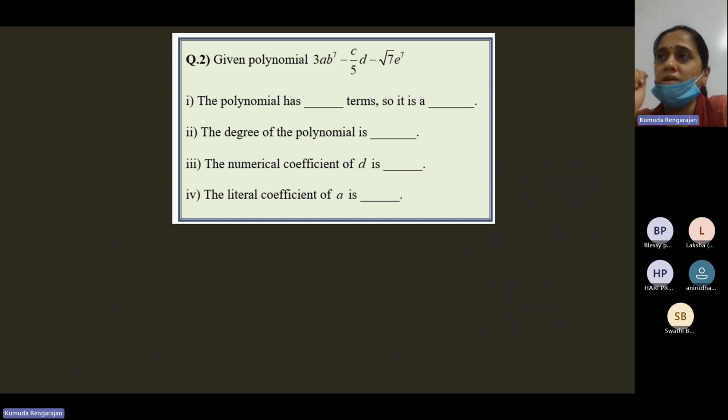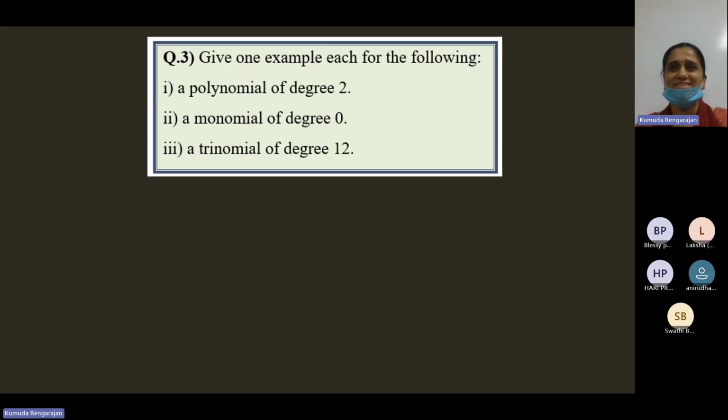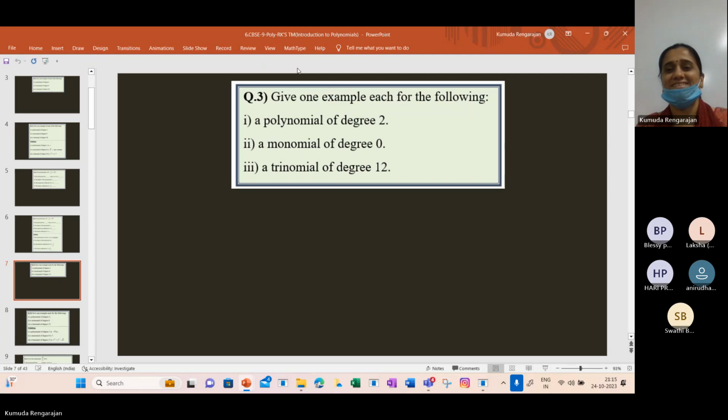We'll just do this orally. I'll share this with you on WhatsApp. Sorry? No, no, no. This one we have already done, na? No, no. Polynomials, we completed the chapter. Oh, you remember? Okay. You sure? That's great.